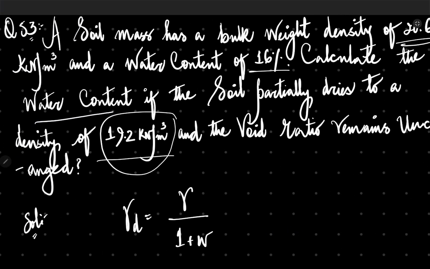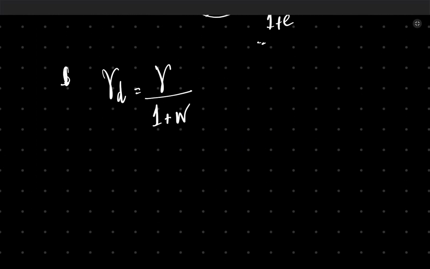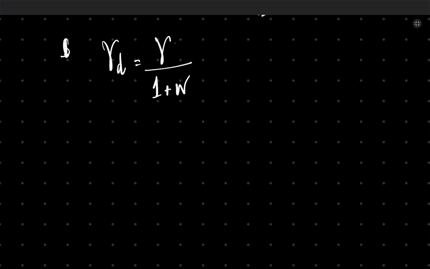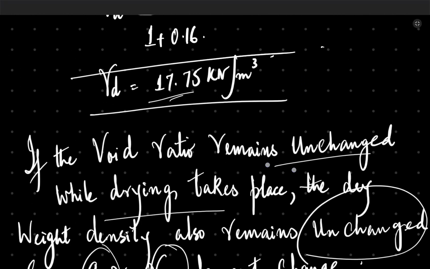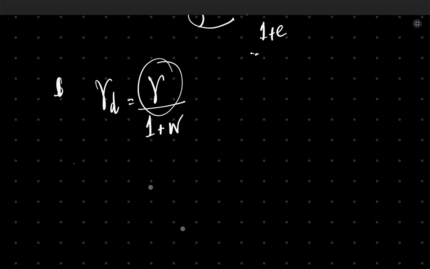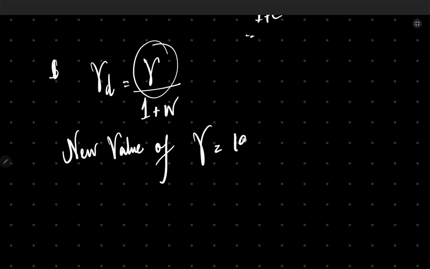Calculate the water content if the soil partially dries to a density of this and the void ratio remains unchanged. So dry weight density remains unchanged because the void ratio remains unchanged. So the new value of bulk weight density is 19.2 kilonewton per cubic meter.